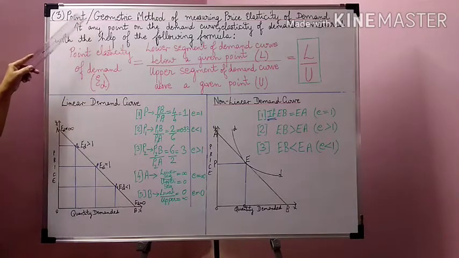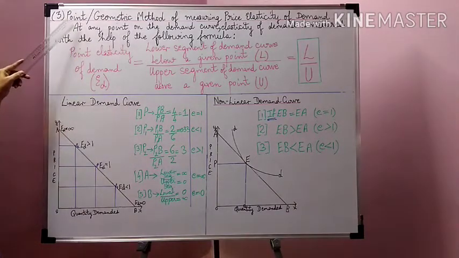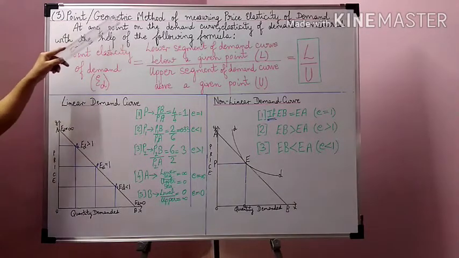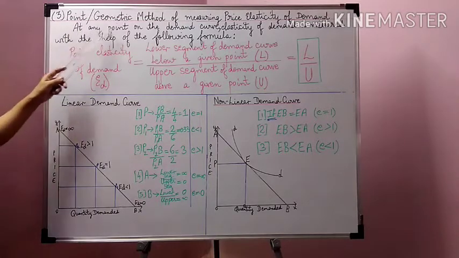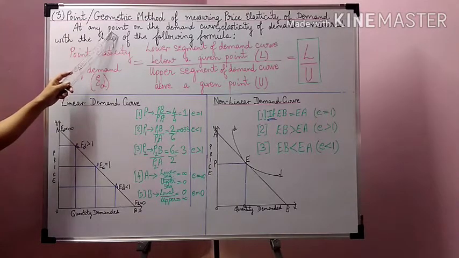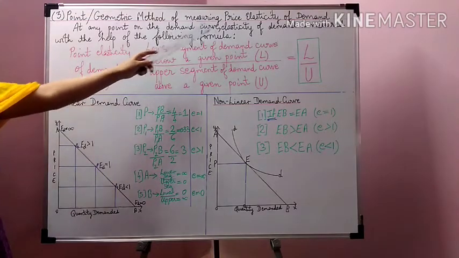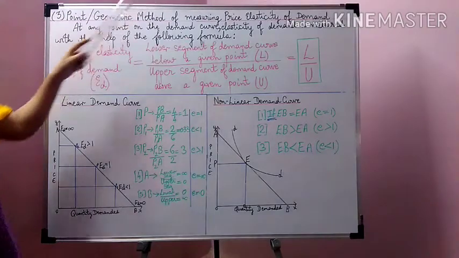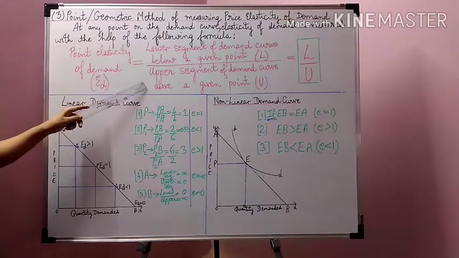Let us understand how to measure elasticity of demand according to point or geometric method. According to this method, at any point on the demand curve, elasticity of demand is measured with the help of this given formula.